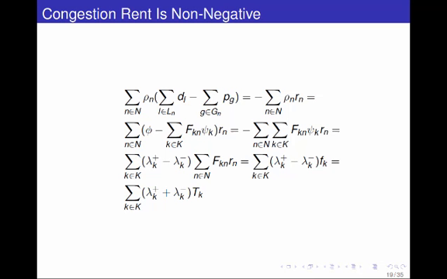For each line, one of three things could be happening. First possibility, the line is not congested. These are 0. Or it is congested in one of its two directions.